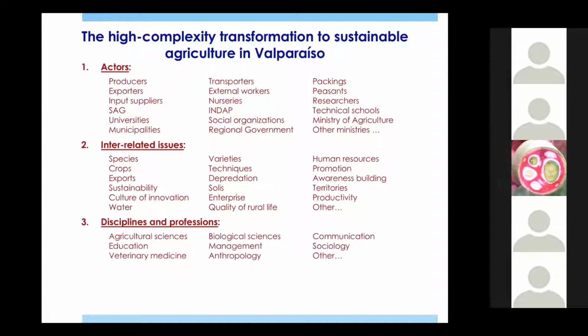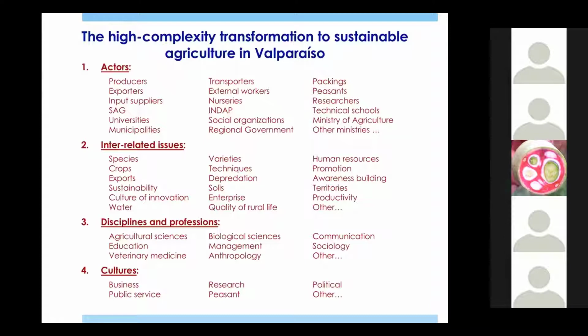Disciplines and professions, agriculture and sciences, education, biological sciences, management, and so on. And cultures, business, research, political, public service, peasant, and so on and so forth. This slide can be multiplied many times. Well, this is reality. Reality is highly complex. And in any area, you may do a mapping like this.